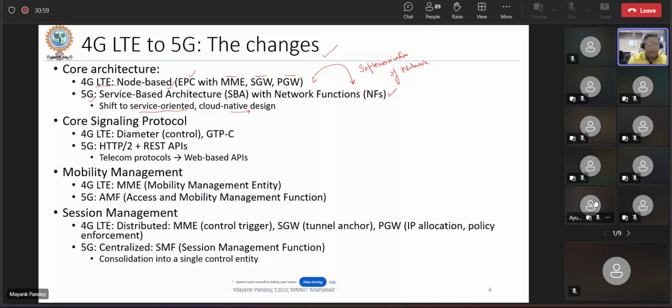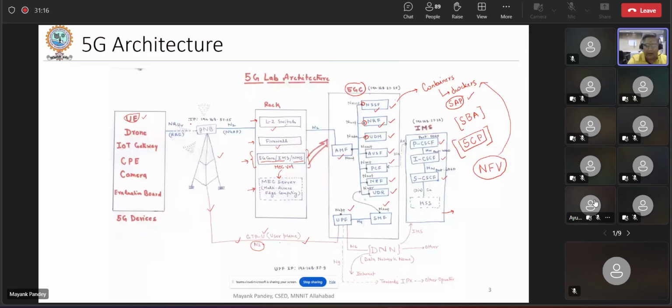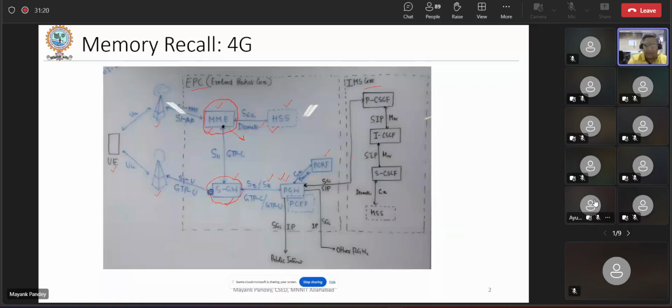When we come to the signaling protocol, in 4G LTE, we were using GTPC, control plane, and Diameter for having communication among the modules. If you remember, PCRF used to contact the PGW using Diameter. SCSCF used to communicate with HSS using Diameter. These were telecommunication protocols.